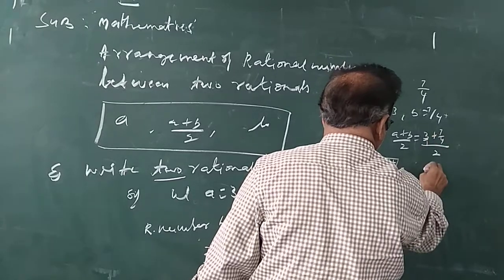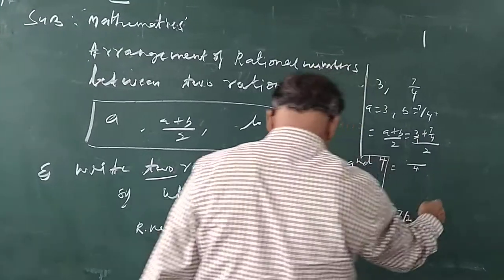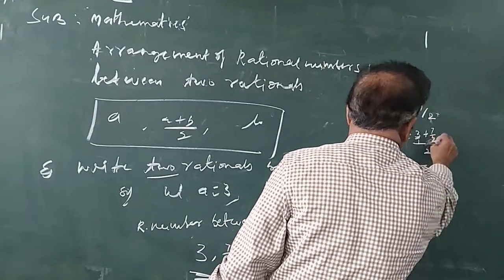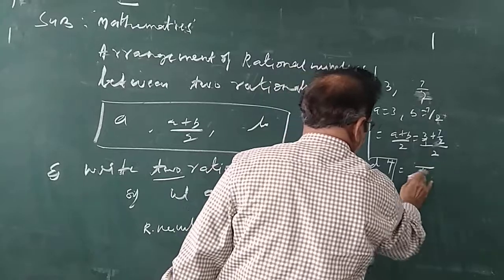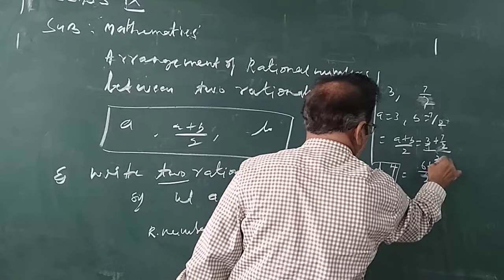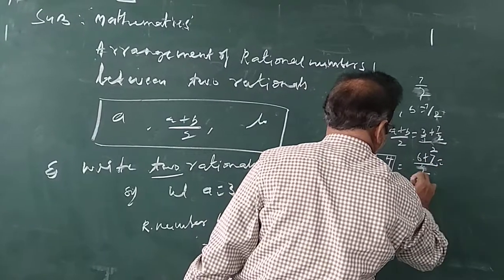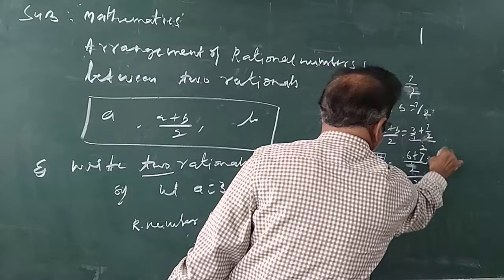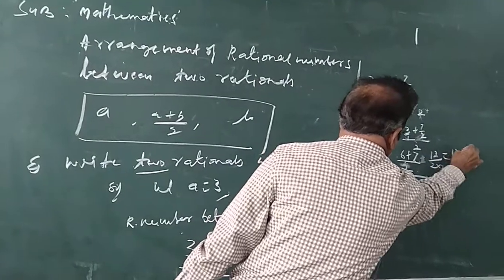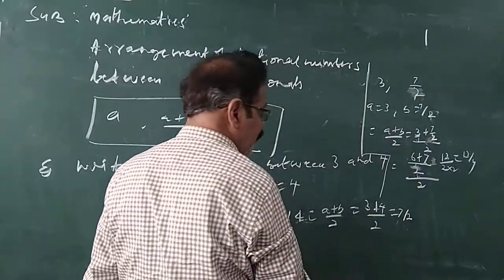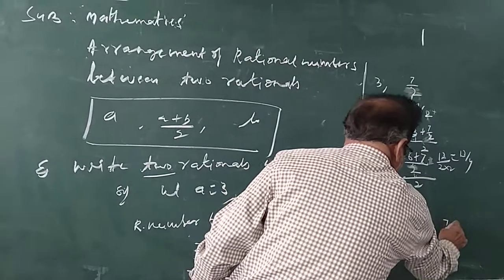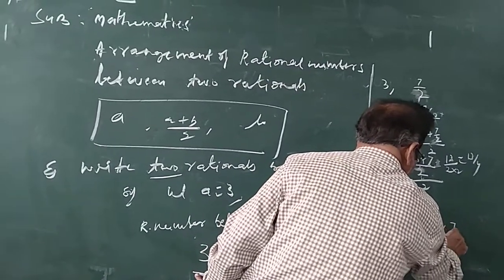Here the LCM is 2. 3 into 2 is 6, and 2 into 2 goes once, so 7. 6 plus 7 is 13, so 13 by 2, and this by 2 gives 13 by 4. The rational number between 3 and 7 by 2 is 13 by 4.